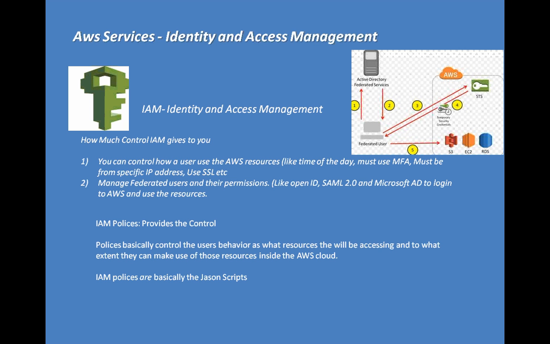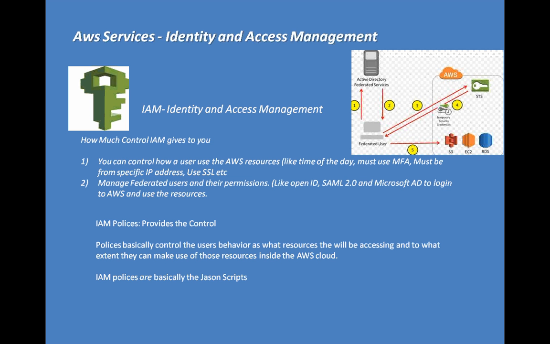Like I explained previously, policies basically control the user behavior, that is, how a user should behave. We may want that this user should not be able to write anything into the S3 bucket, or should not be able to build EC2 servers in the cloud.